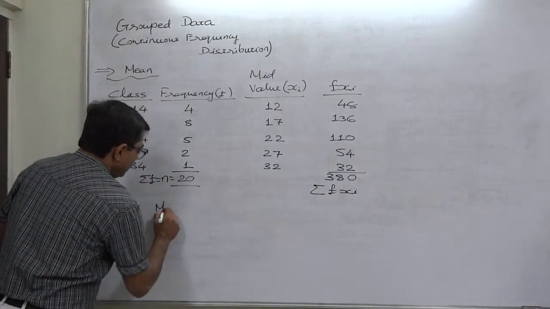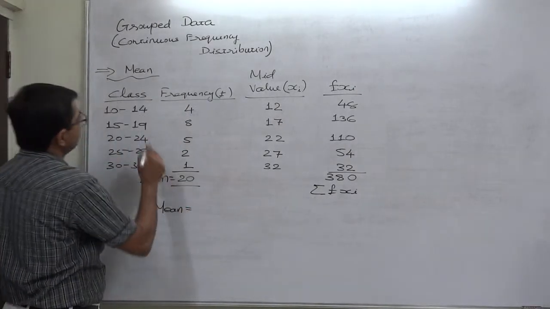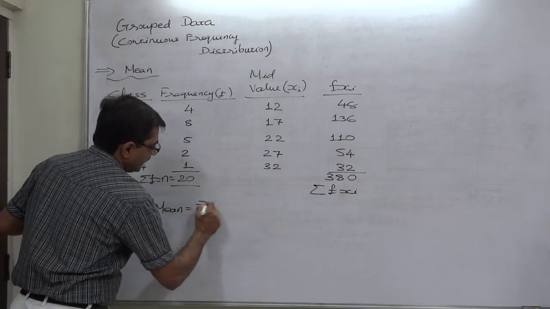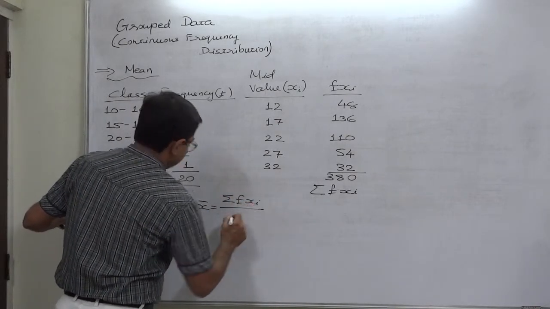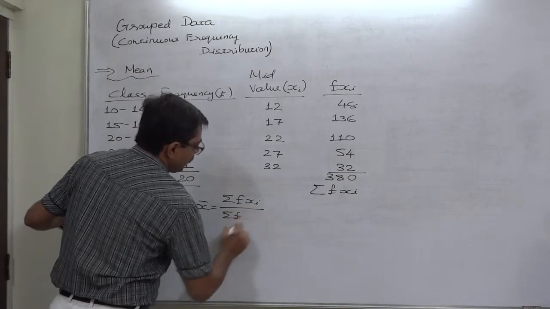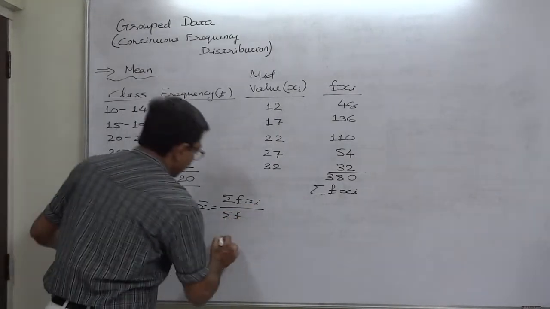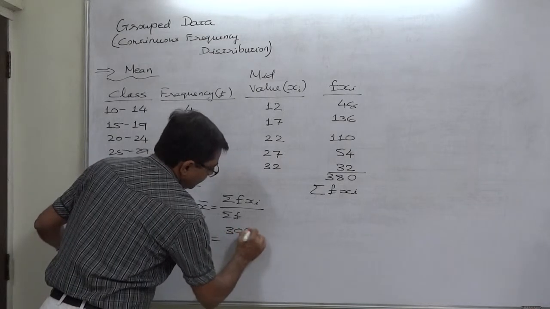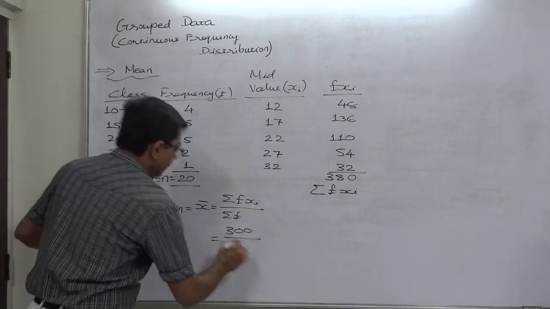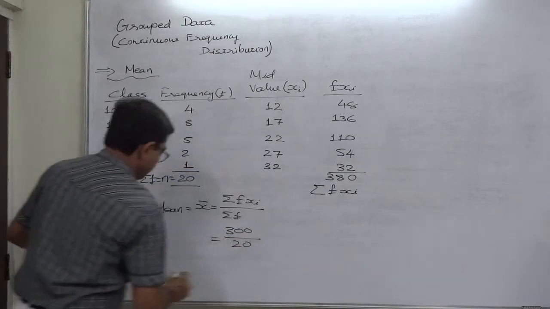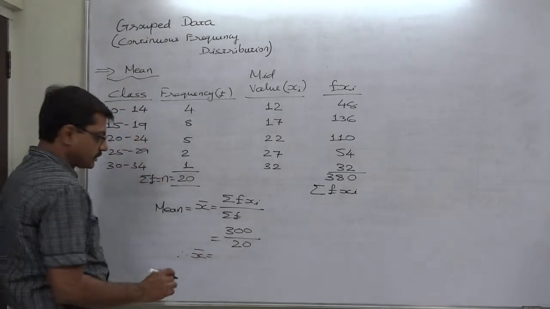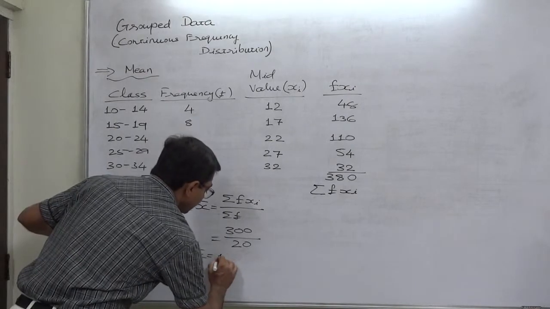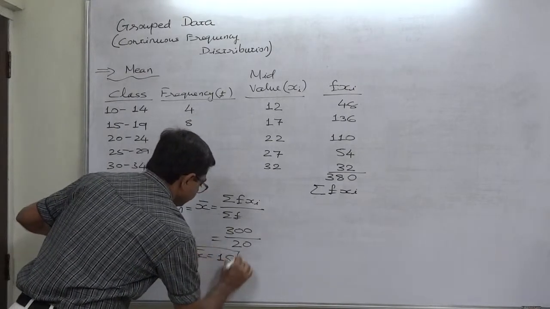So mean, if we consider this as a sample data, x bar equals sigma fx upon sigma f or n. Sigma fx is 300, n or sigma f is 20. So mean of this grouped data or frequency distribution comes to 15.